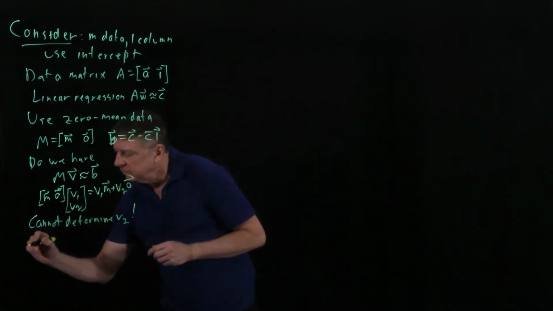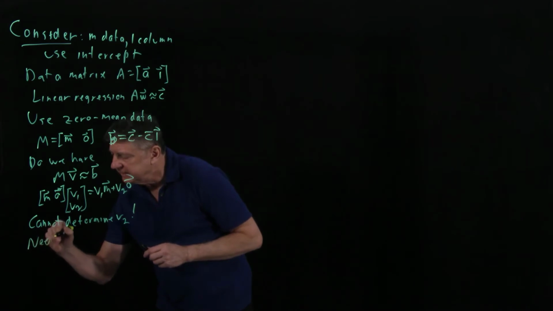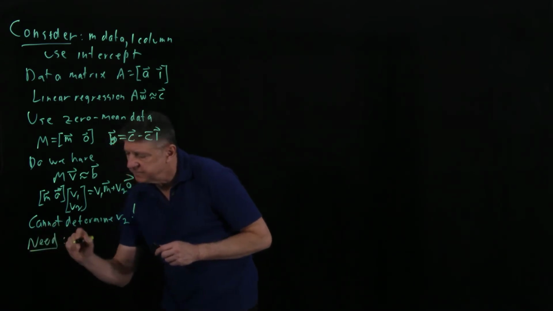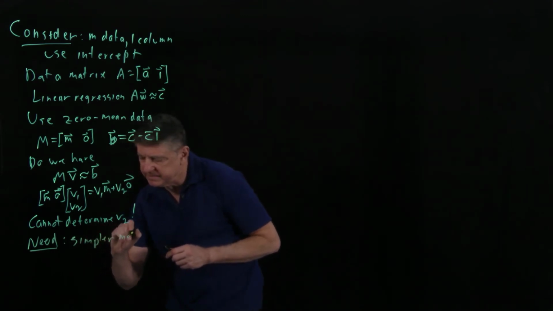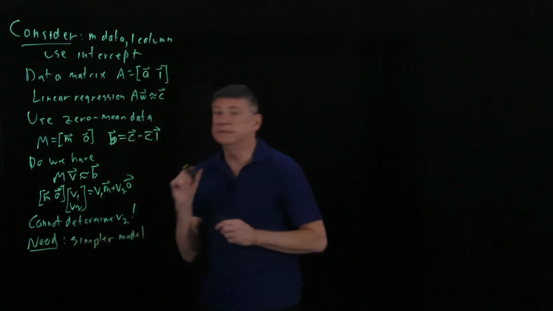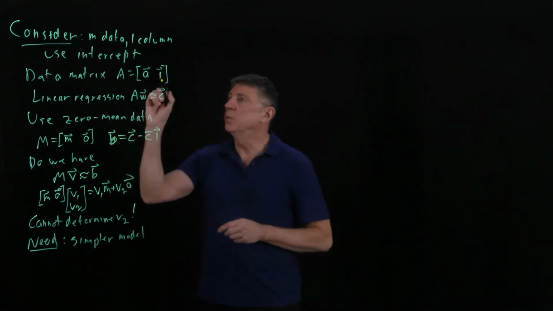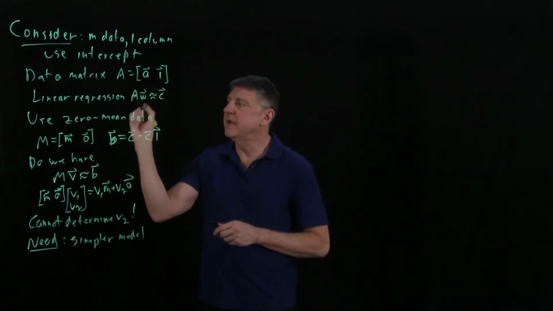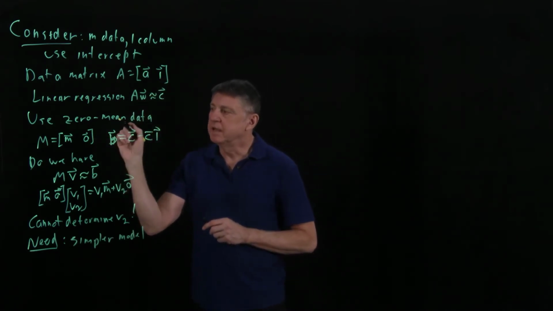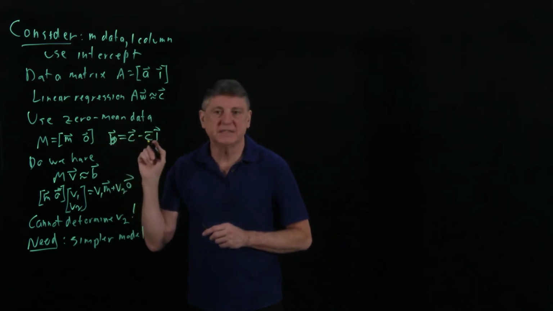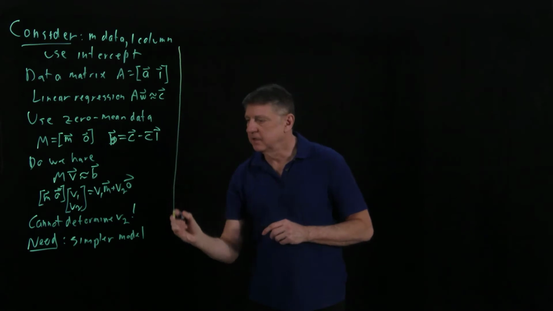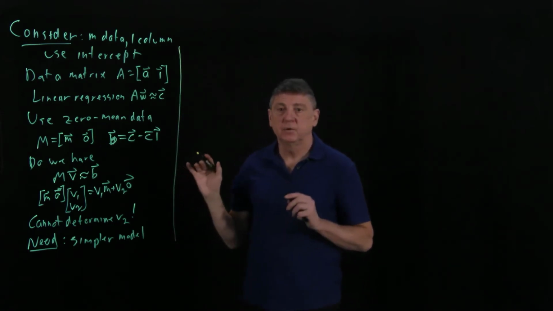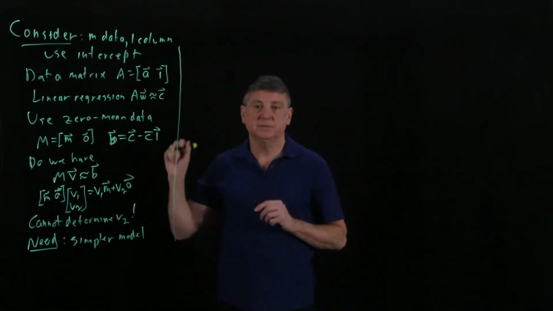So what we need here is a simpler model. The deep reason is that when we included an intercept term and then we did the zero mean, because it went to 0, that means that the intercept term is too complicated. So instead, what we want is this.